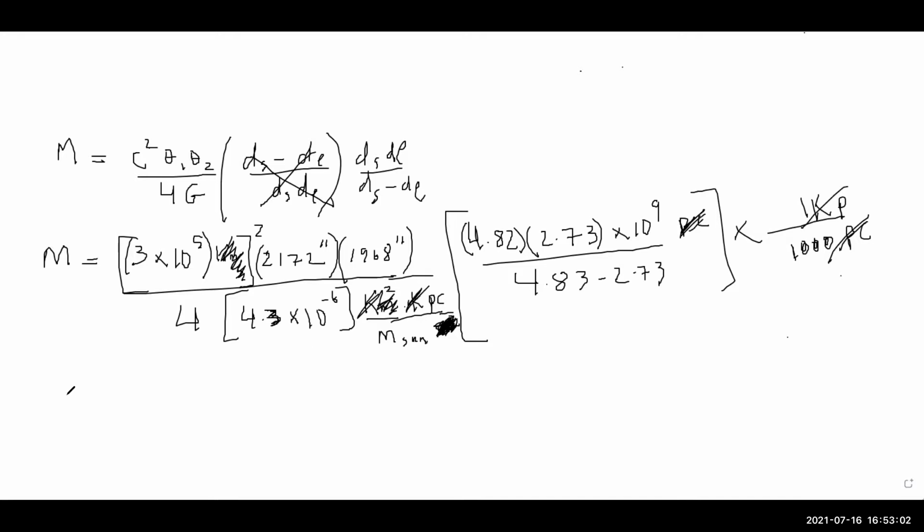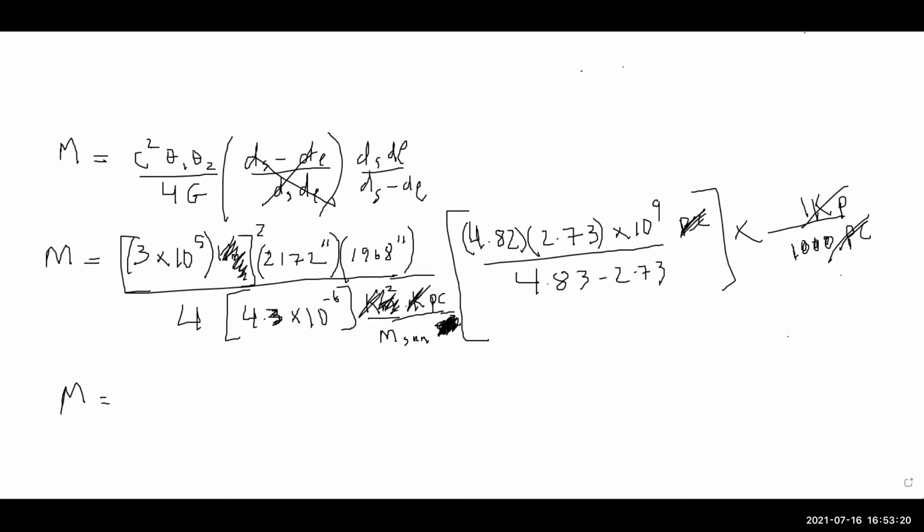So this will tell you how many solar masses this is. But now we probably have to do something with the arc seconds. So let me just calculate what that will come out to. Let's put this all into the calculator. I'm going to take a picture of this.